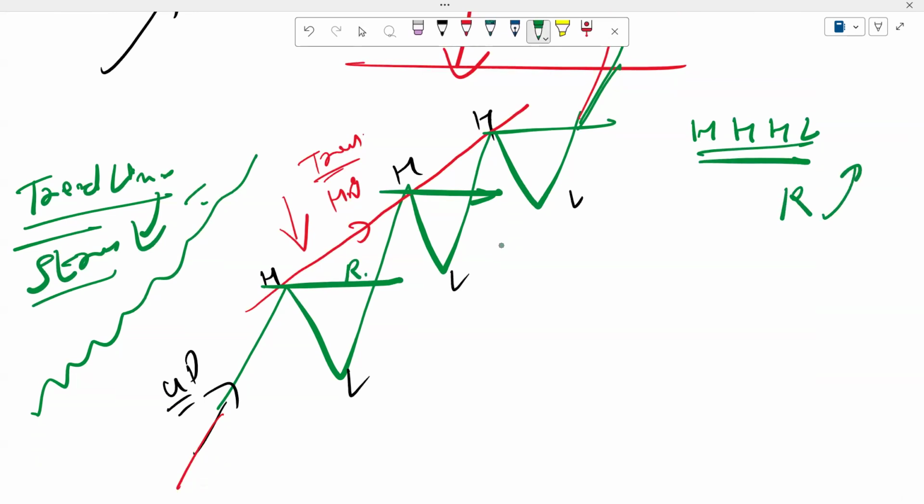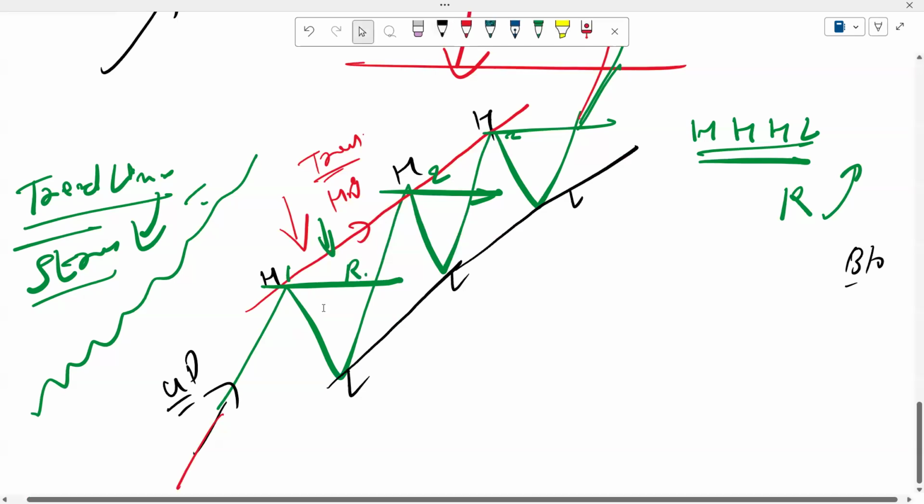That's why it is making a new high. So what is the need to join these highs? There is no use of joining the highs, right? The surprising element is the breakdown, and you have to join the lows. You have to join the lows in an uptrend, not the highs.